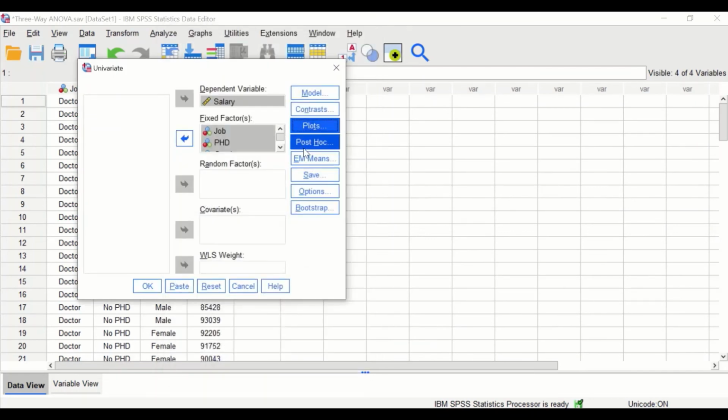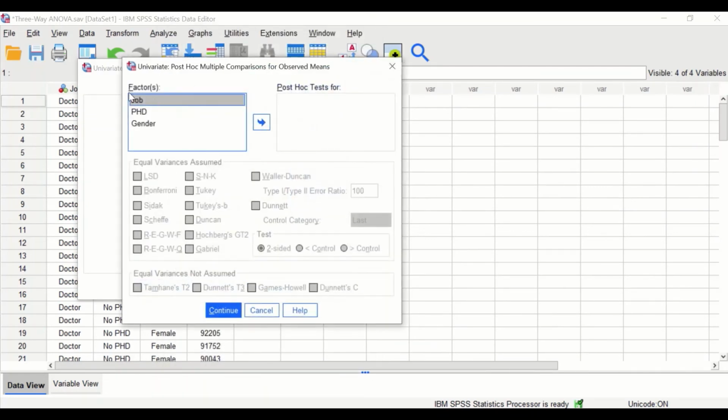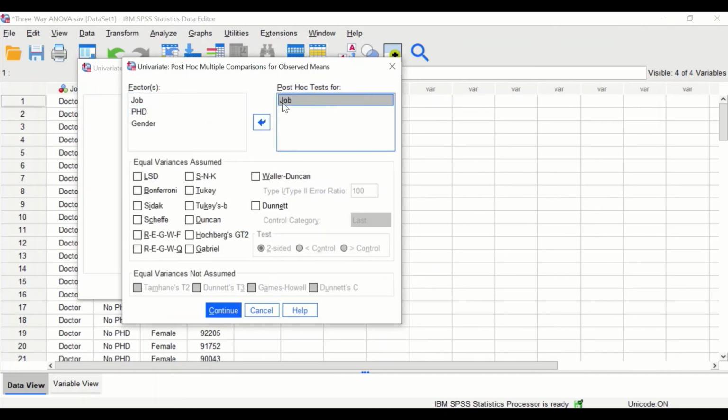Click on Continue. Click on Post Hoc. Since there are 4 levels in the factor job, a post hoc test will be done for that. There is no point in choosing a post hoc test for gender and PhD, as both of them are binomial. They only have 2 categories in them.